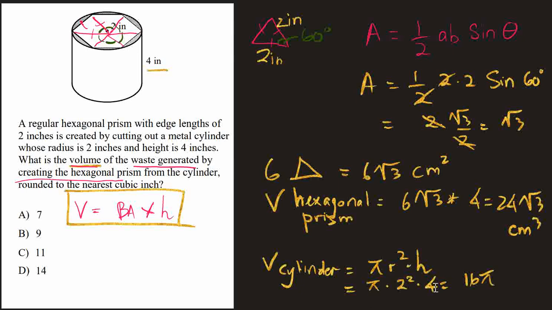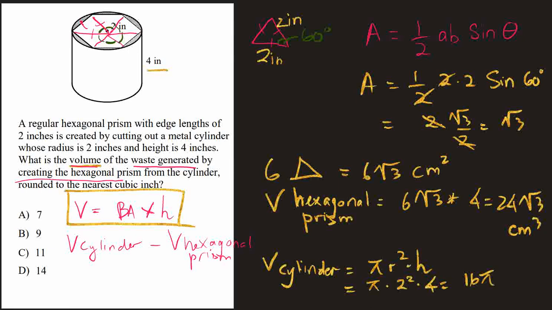Now we have to subtract: volume of cylinder minus volume of hexagonal prism.